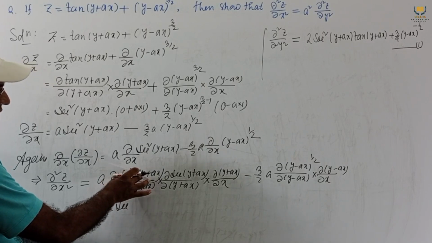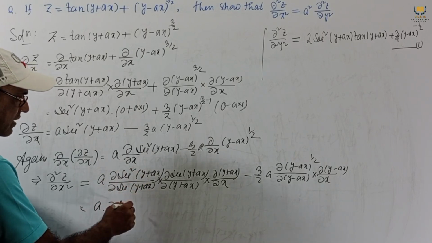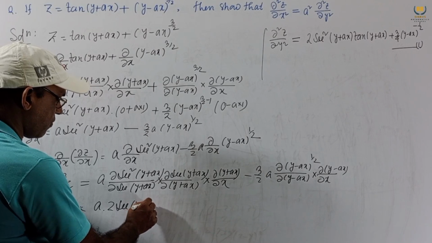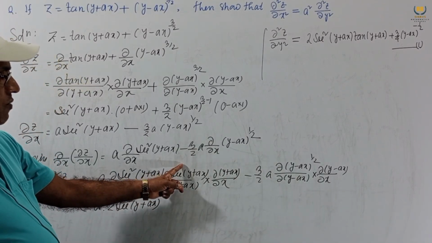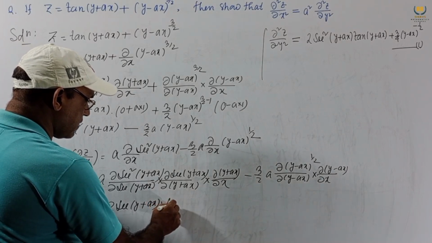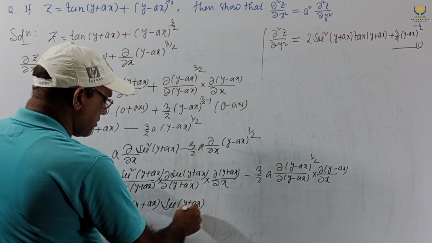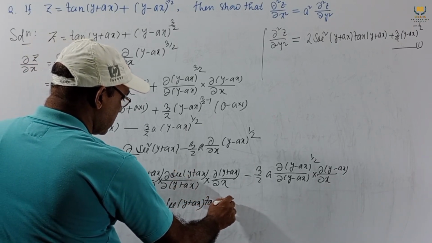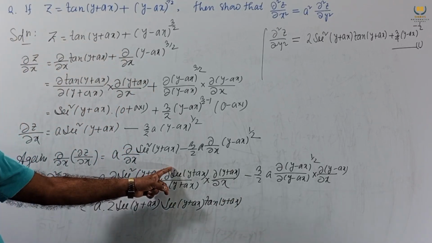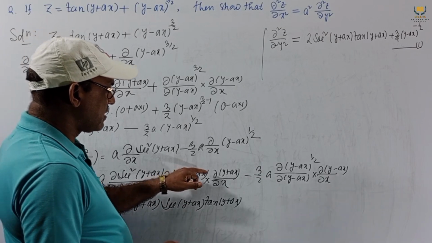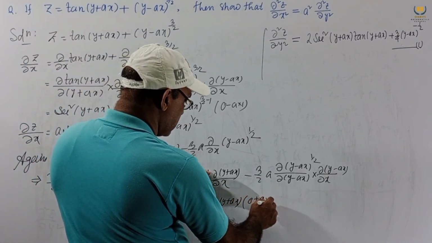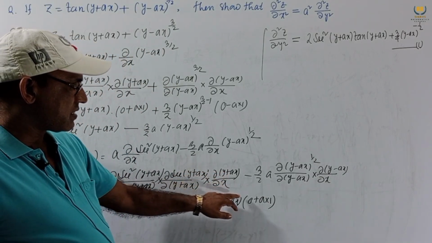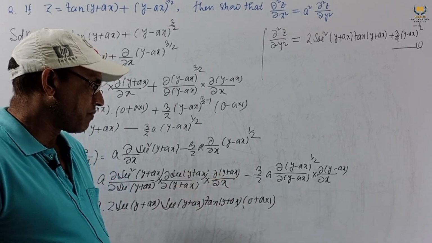Sec square means you consider this is x square dx, then 2x, that is 2 sec (y plus ax), and d/dx of sec means sec into tan, sec(y plus ax) into tan(y plus ax). d/dx of sec x means sec x into tan x, and this is 0, this is a into 1, because if we differentiate y partially with respect to x, this is 0, it is constant, a is constant, del x is 1.